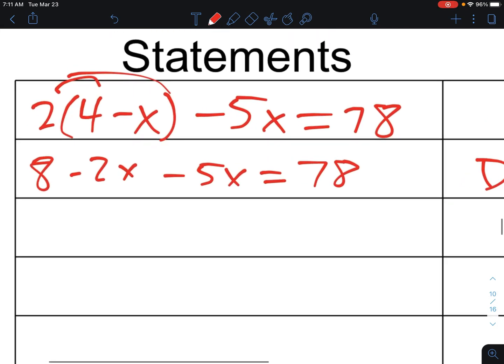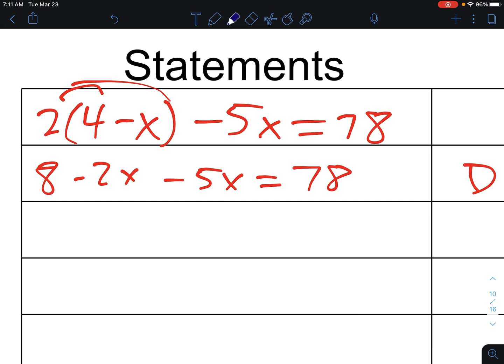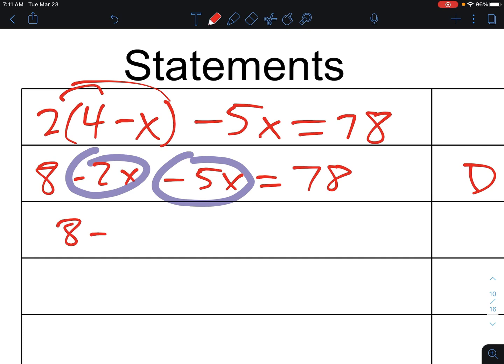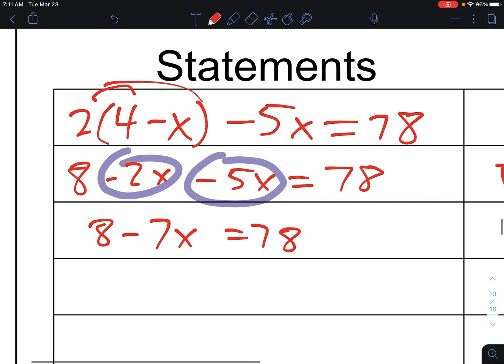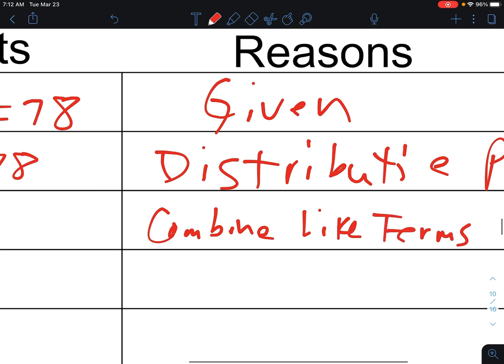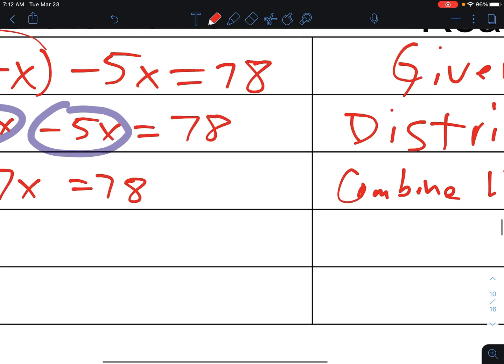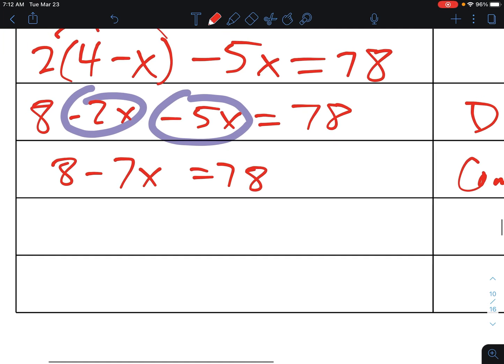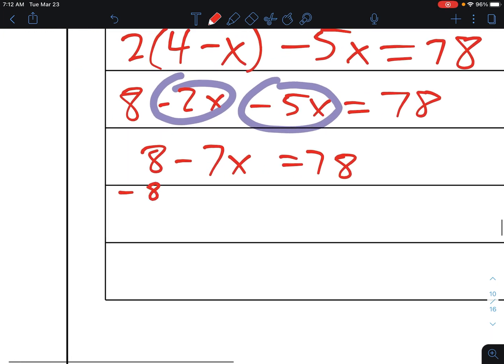All right, now what would we do algebraically? Well, we got these 2 guys here. We're going to put those together. What did you just do? We combine like terms. And then we subtract the 8. Negative 7x equals 70.